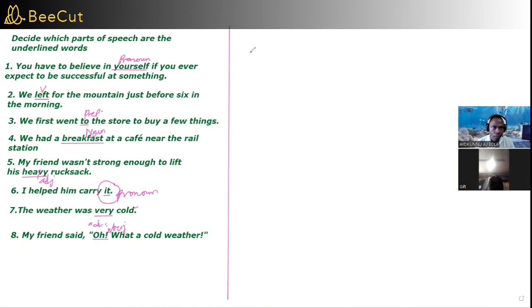And number 9. For number 9, this is the sentence I have. We didn't spend the night there. The word I'm underlining here is the word "there". So, what part of speech is the word "there"?